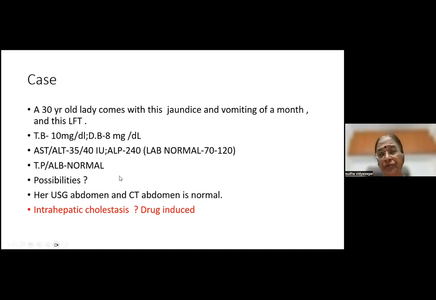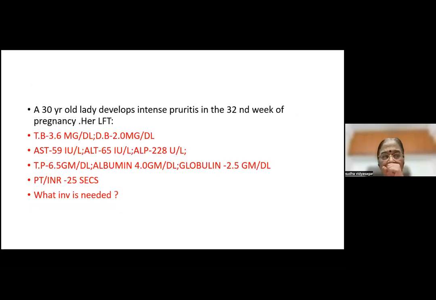But if you do not have a very high alkaline phosphatase and you have finished your imaging, and you're not getting intrahepatic duct dilatation, those things you're not having, then it could be intrahepatic, could be drug induced, like somebody said OC pills, possible. There are other possibilities which I will discuss.